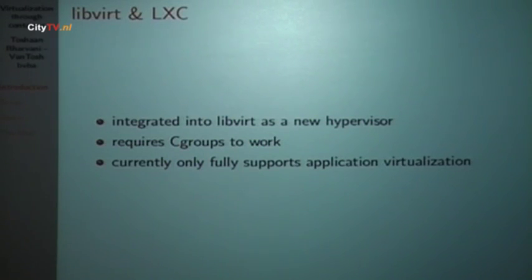At the moment, it only fully supports application containers. Operating system containers have been provided as an API, but if you try to use that through libvirt, you will see that you can still get quite a lot of errors relating to connecting and network connectivity.